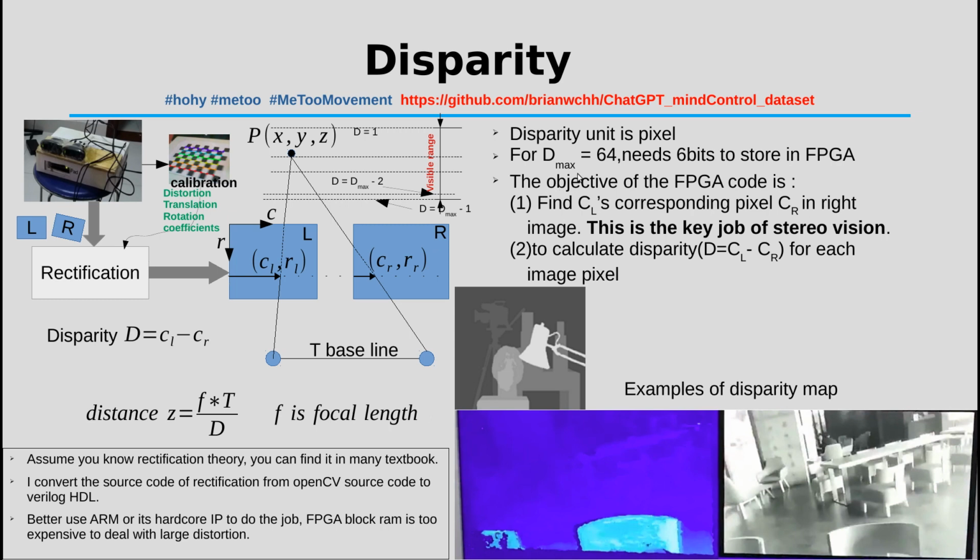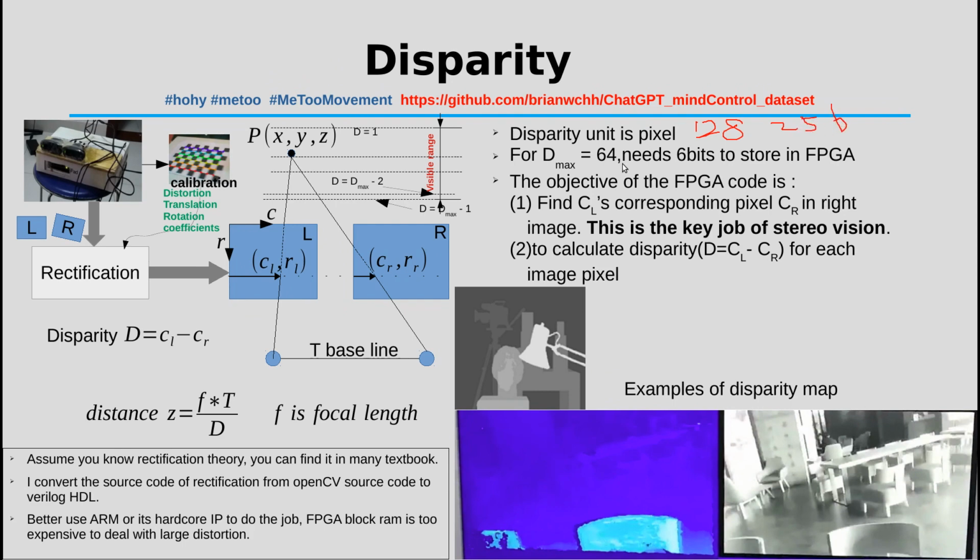Of course, sometimes we have to set the maximum value for disparity. For instance, here the empirical value is 64. It can satisfy a lot of usage scenarios, but you can also set it to 180 or 256.